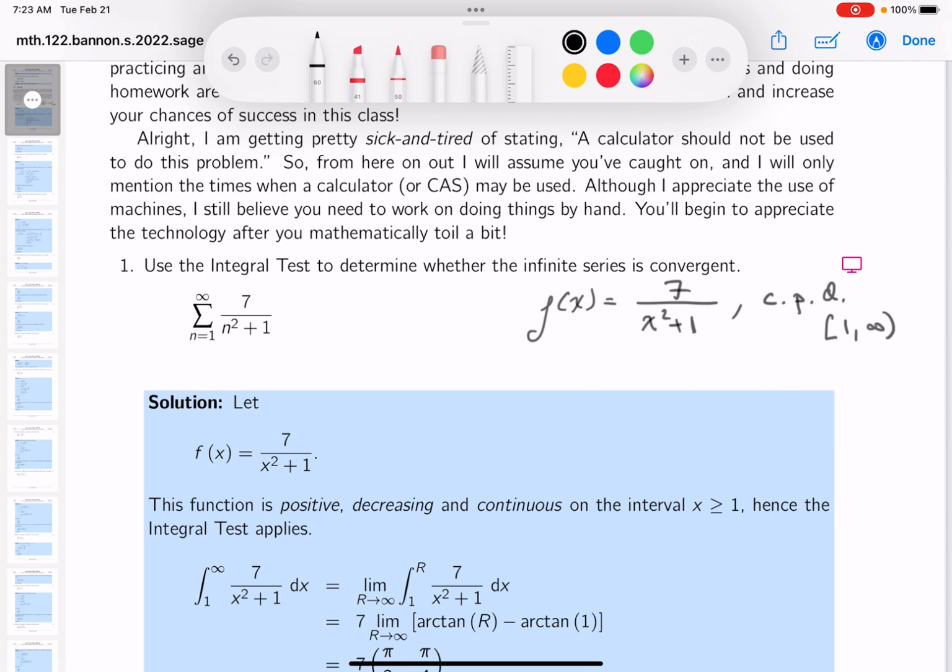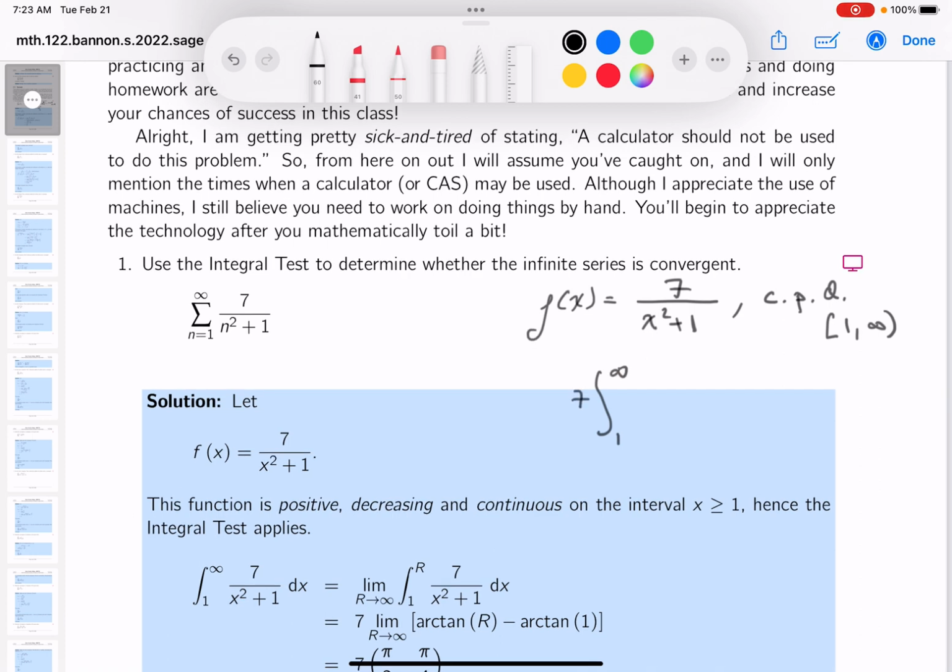What we're going to do is integrate it from 1 to infinity. I'm going to pull out the 7, and you get 1 over x squared plus 1 dx. I'm going to write down 7 times the limit now. It looks like a pretty easy problem to do, by the way.